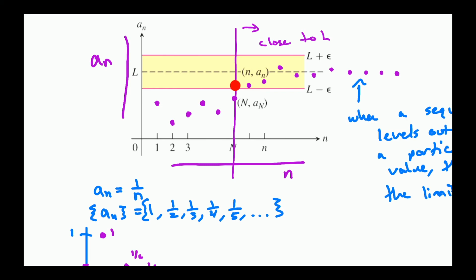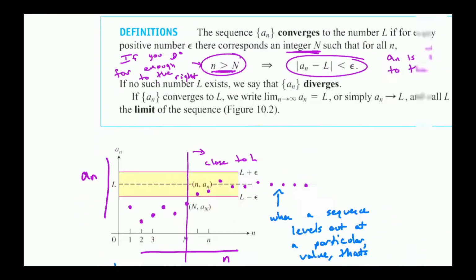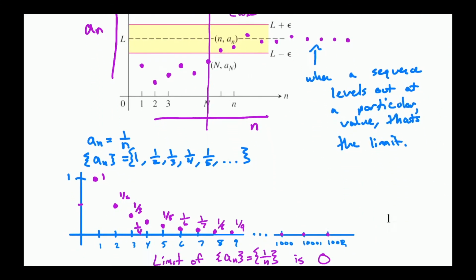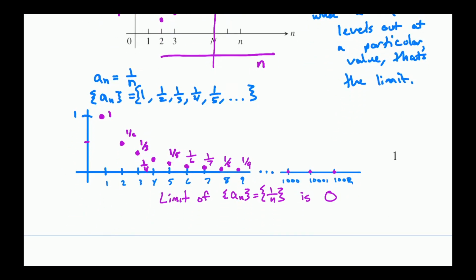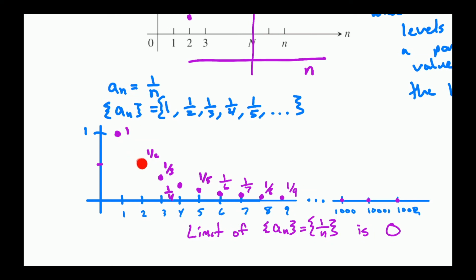Starting at N. You go past N, then you're close to L. And their claim is that you can do that no matter how small this interval gets, like if I draw it shorter, then that just means you recalculate a new N, but everything else is the same. And so that's just their way of saying that as you go out, the terms have to approach whatever the limit is. So in this case, the limit is 0.